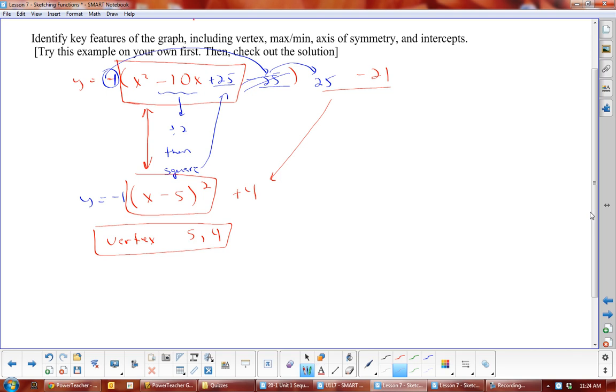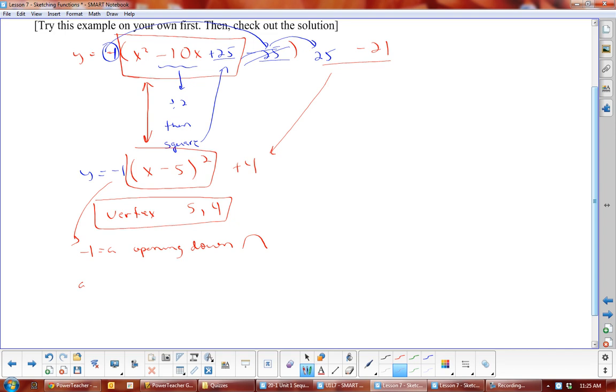Now, is this graph opening up or opening down? Okay, so because it has a negative 1 equals a, it is opening down. Okay, so it's going to be going like that. Now, what is the axis of symmetry? 5, very good.